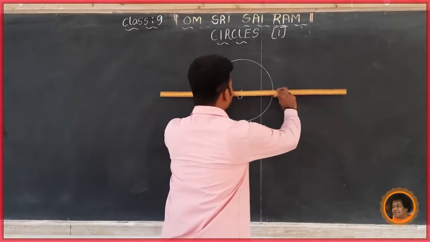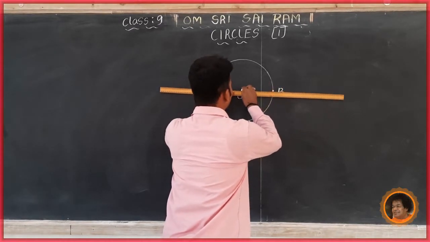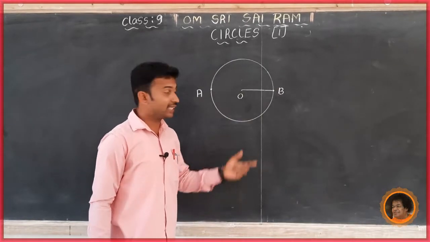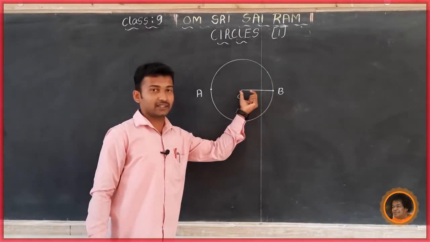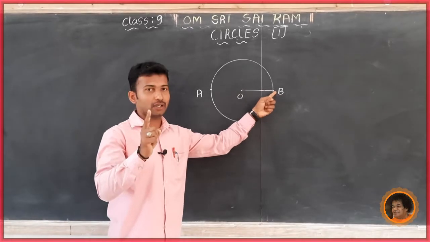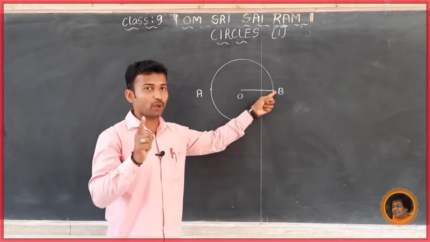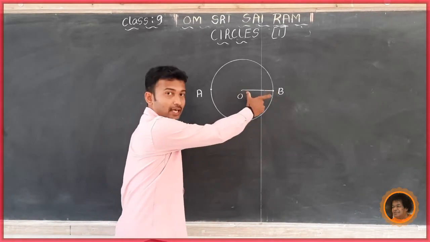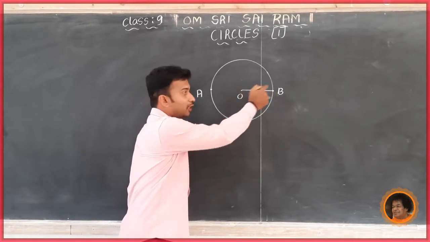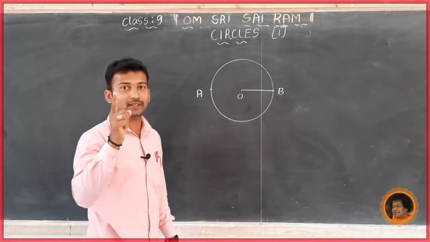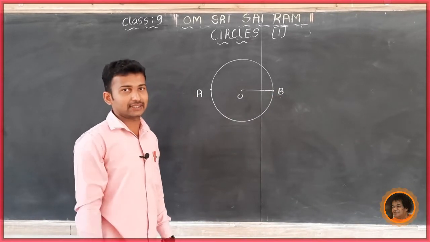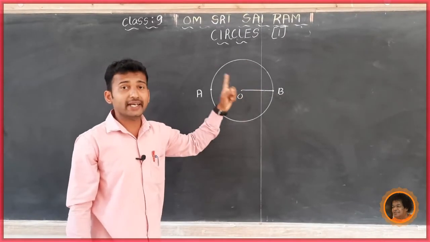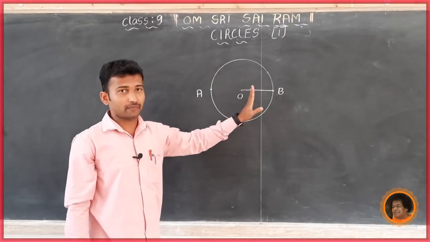The line segment which joins the center and any point, in this case the point B, so the distance from the center to the point B is called what? Radius. Trijya in Kannada. Radius of the circle.